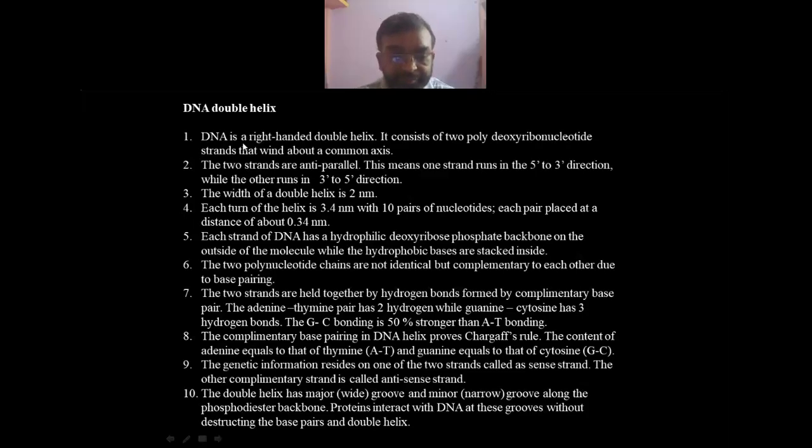Next. The genetic information resides on one of the strands, called the sense strand. The other complementary strand is called the antisense strand. One has the meaning, hence it is referred to as sense, and the other is nonsense.